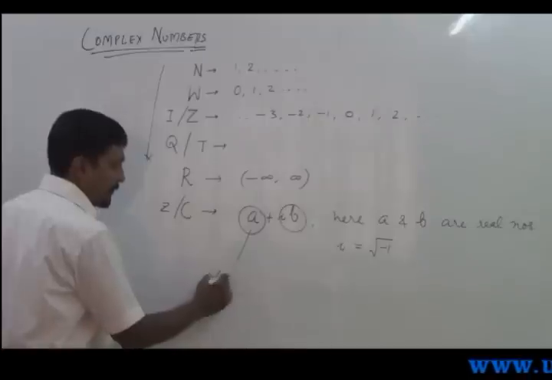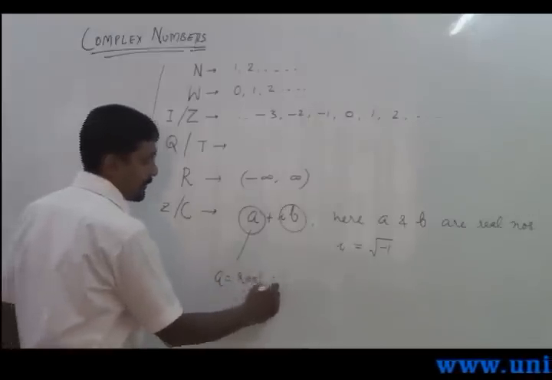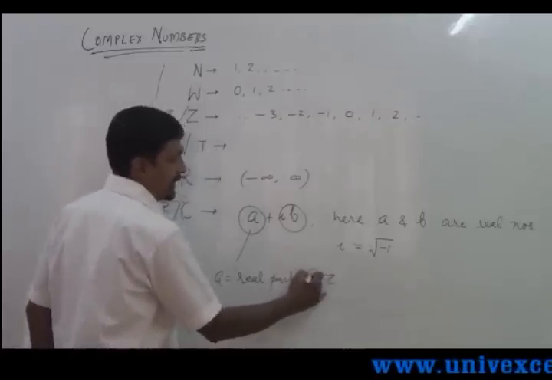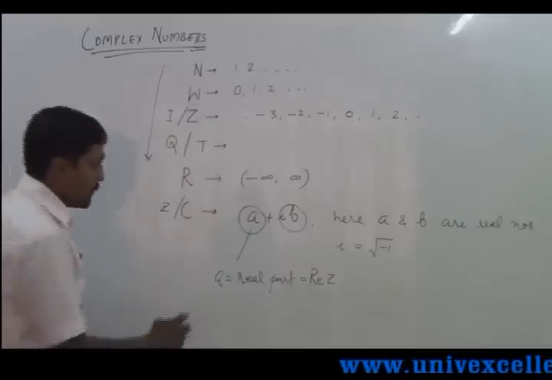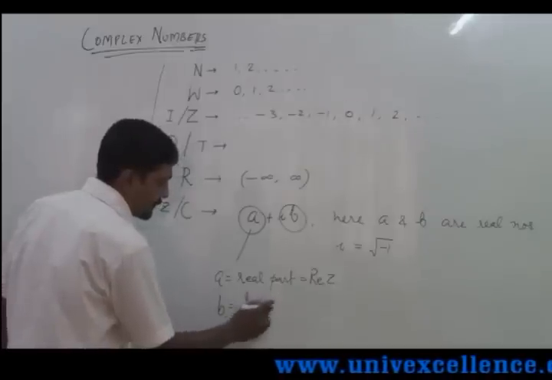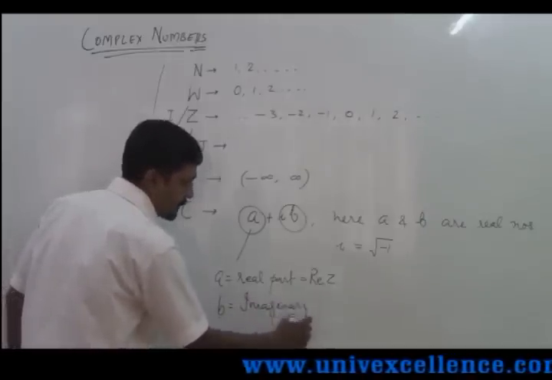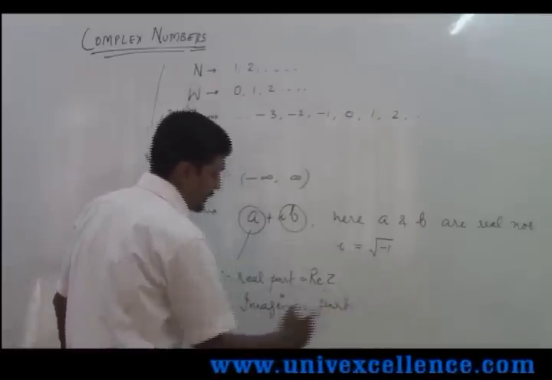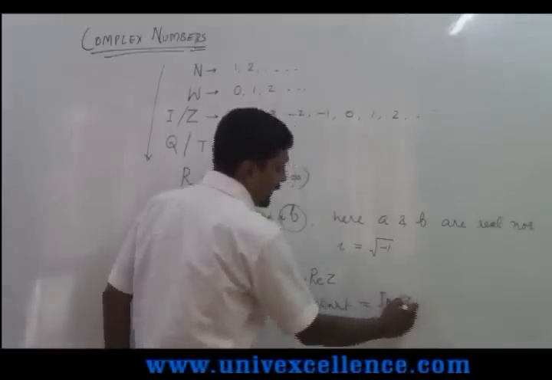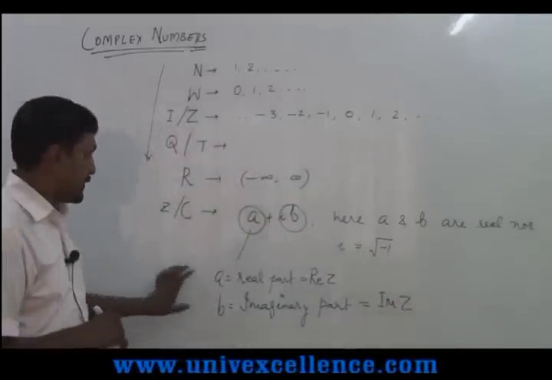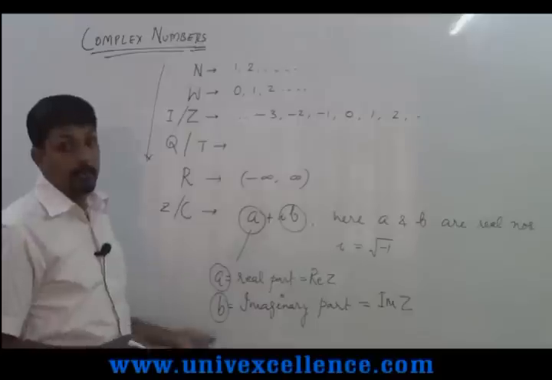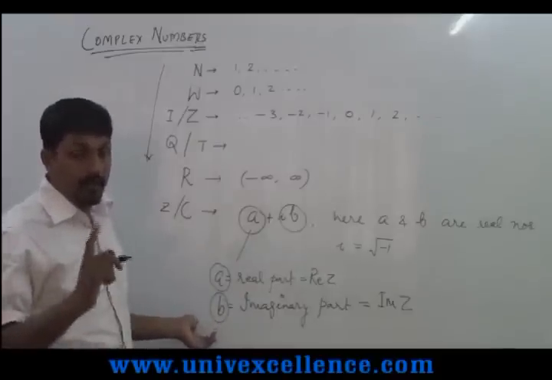Here a is called the real part and is denoted by Re Z, the real part of Z, and b is the imaginary part, denoted by Im Z, the imaginary part of Z. Remember, a is the real part of Z and b is the imaginary part of Z. Whenever we write the imaginary part, we never write iota b.